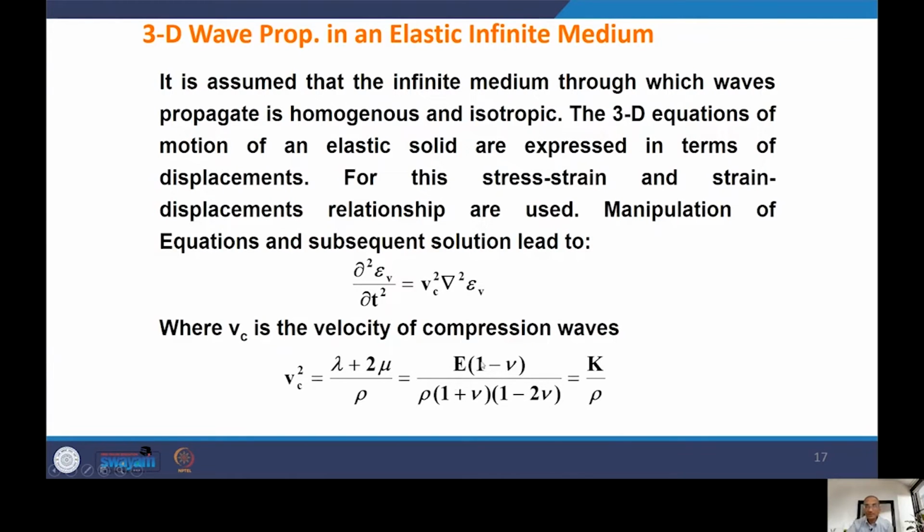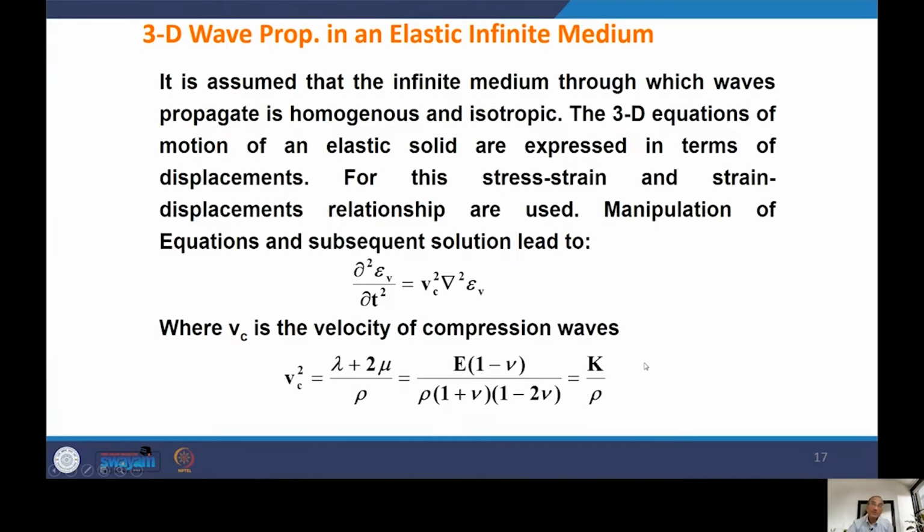So when you substitute lambda and mu in terms of E and Poisson's ratio, finally you end up with this relation, and in this relation all quantities except rho make up K, where capital K is the bulk modulus. So if you divide bulk modulus by rho, it will give you Vc square, that is, the velocity of the compression wave in the rod.